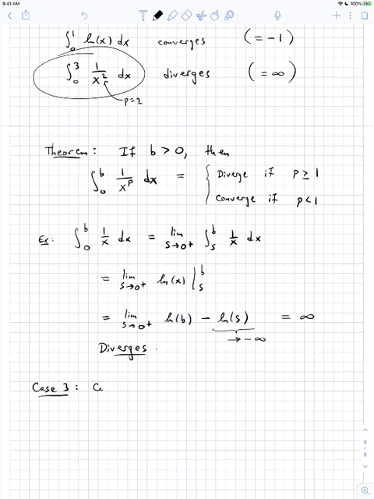In this case, your function is continuous on the interval from A to B. Let me rewrite that.